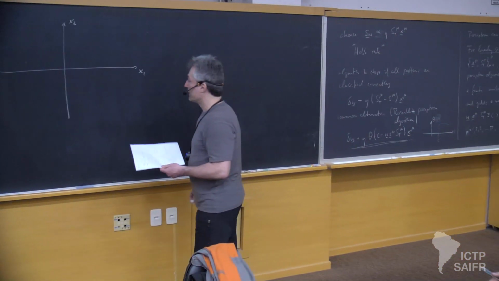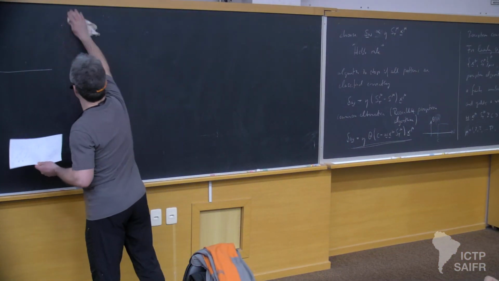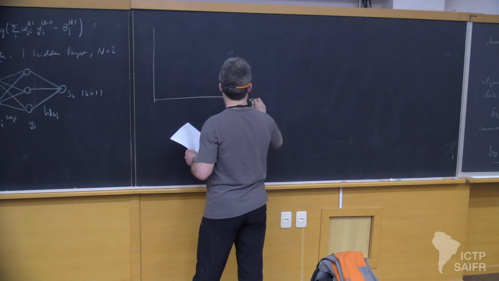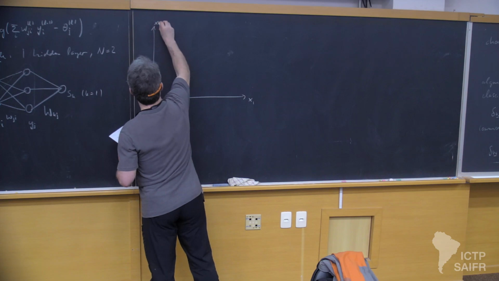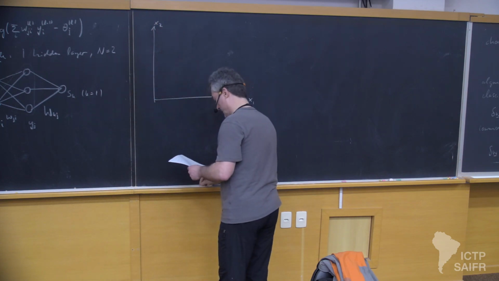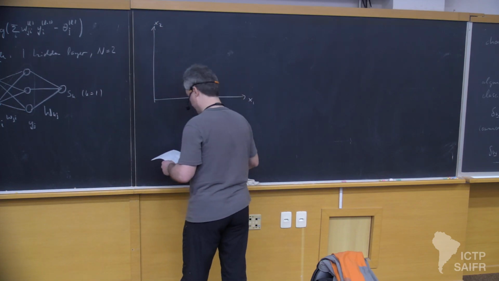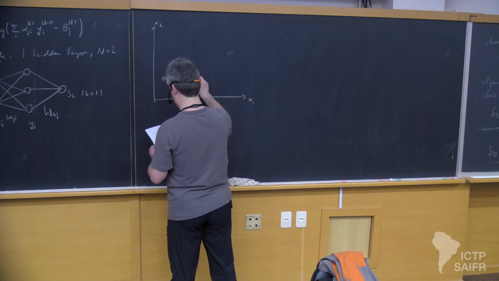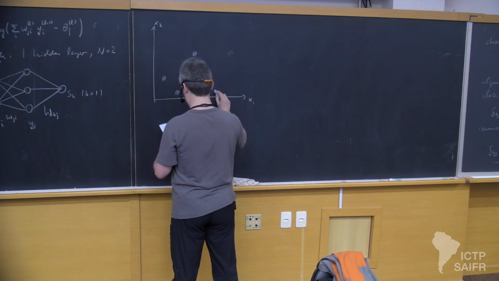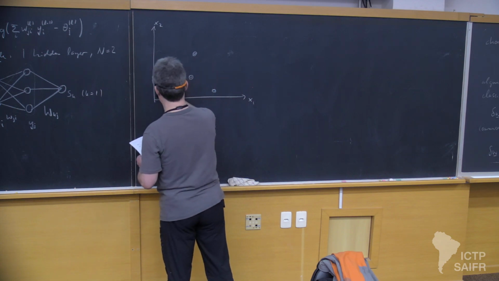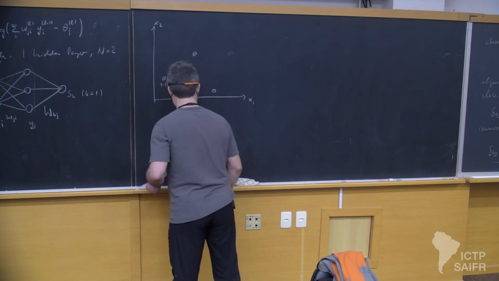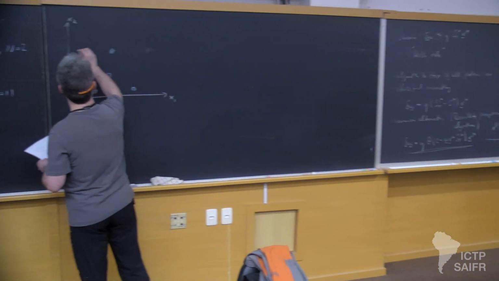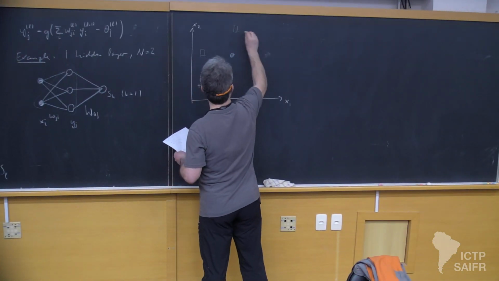Okay, we have the following distribution of input patterns. So these are plus ones, and then I have minus ones. They are, let's see, here.